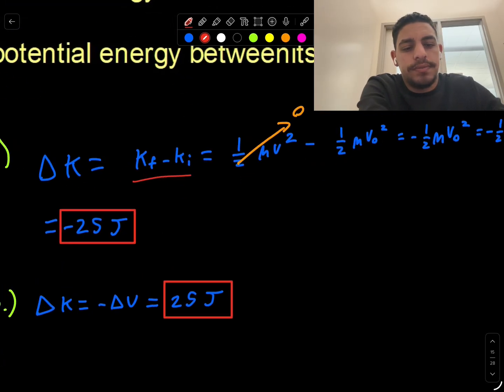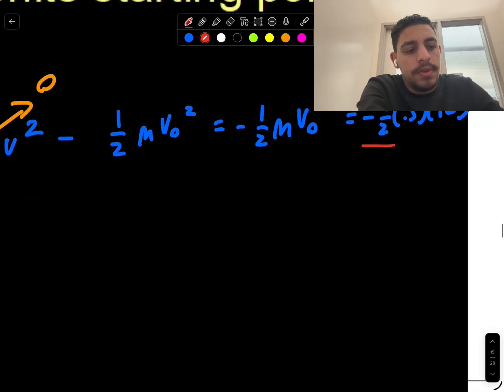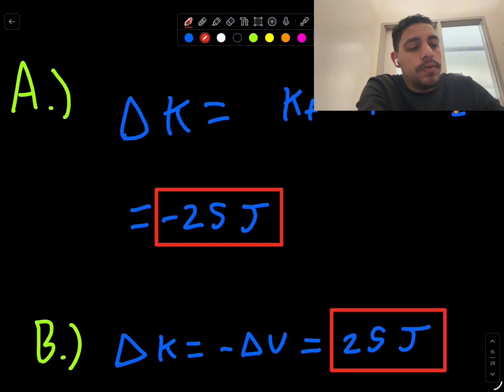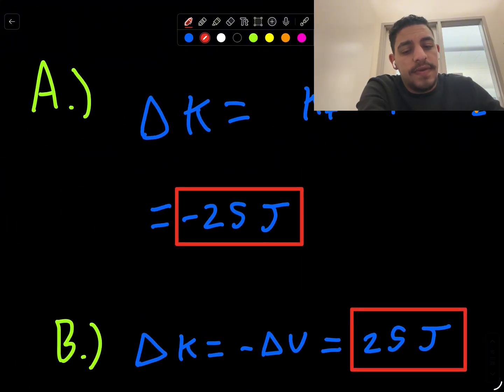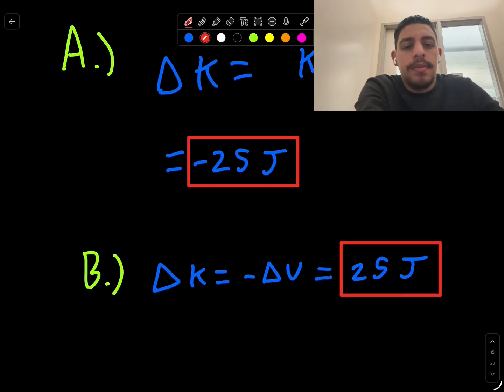And then you can just plug into the equation of delta K to find out the answer for the question. So you plug in delta K's K final minus K initial. We said that the final was equal to 0 because the velocity is equal to 0 at that point. So this just becomes 0. So then you continue and you get negative 1/2 m v naught squared, and when you plug it in, you get this value right here of negative 25 joules, right?